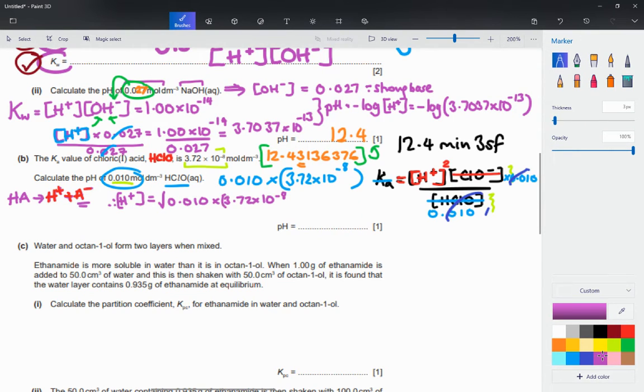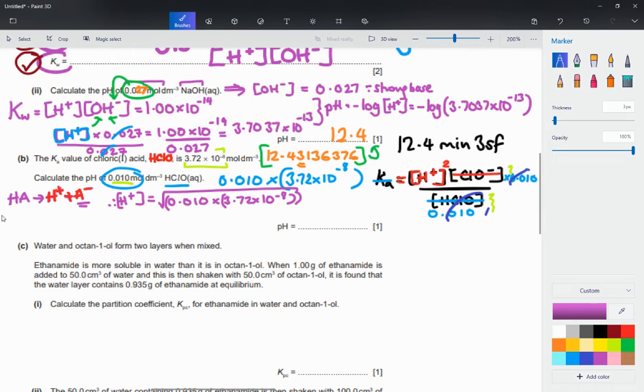So pop that in your calculator. And when you put it in your calculator, I strongly advise and encourage you to put brackets around everything, really. You could actually bracket this until you do like a double bracket.